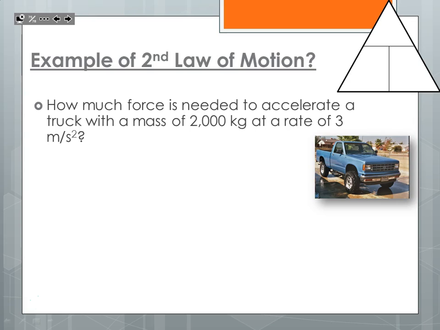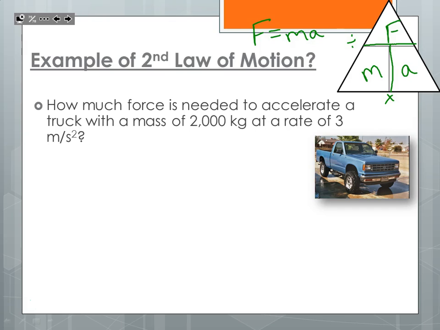It was my favorite little truck, and it was called Blue Lightning. But let's go back and remember that we're looking at the equation that force equals mass times acceleration. We use our triangle: force at the top, mass and acceleration at the bottom, where the horizontal line means to divide and the vertical line means to multiply the two variables.